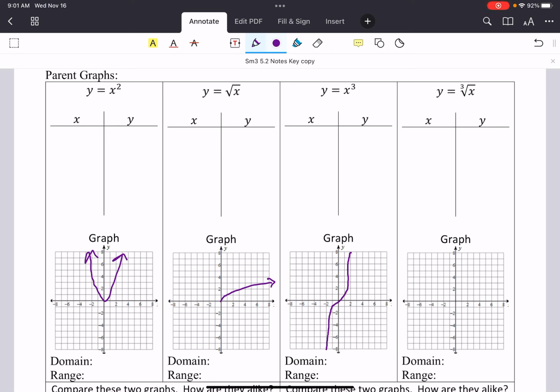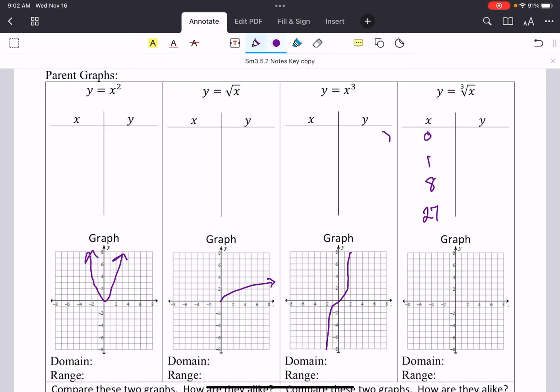So we're going to start with the opposite, the cubed root of the values you found from your y over here, right? So you found 1, 8, 27, I assume. 0. Okay.